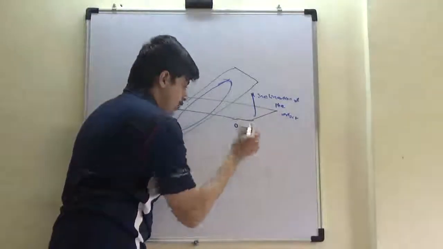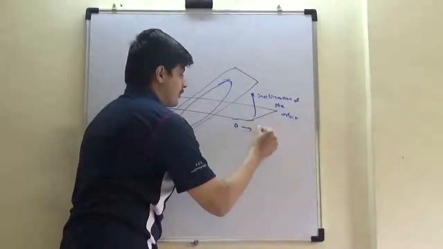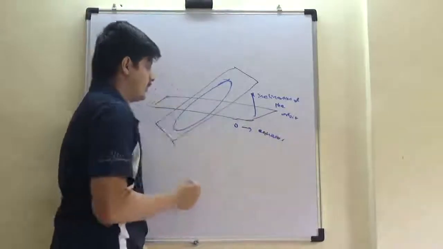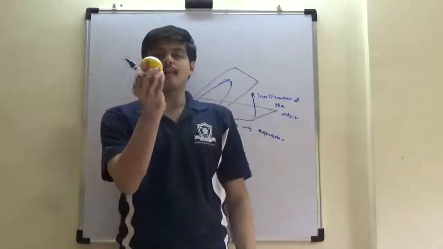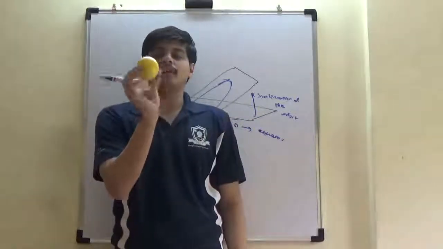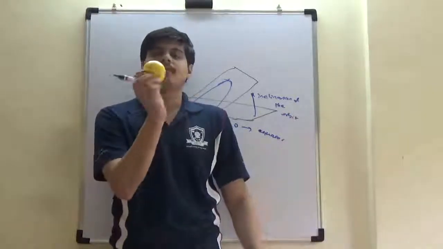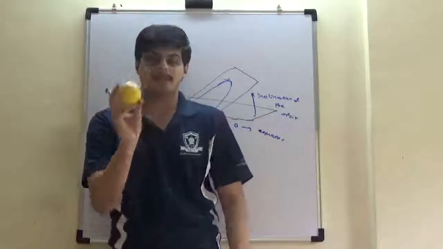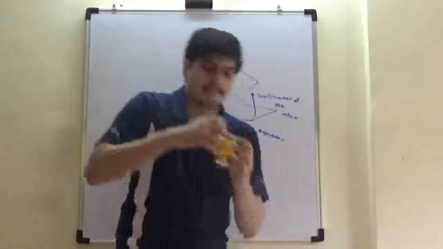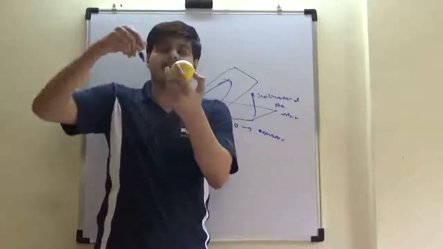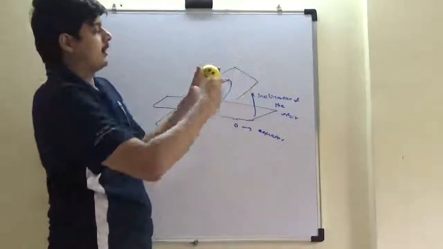Zero inclination is the equator. Now, within this also, if this is my ball and Earth is rotating like this, how does Earth rotate? From west to east. That's why you see the sun rising in the east. Now, if Earth is rotating something like this, and my satellite also rotates in the same direction, look at this face.